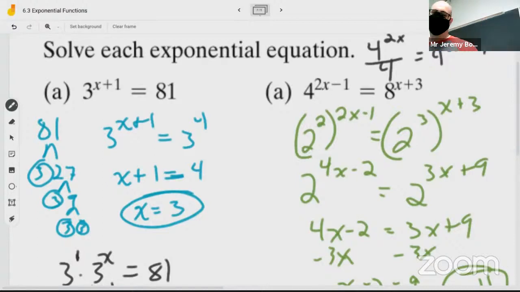The other side could be represented as 8 to the x times 8 to the third, because that would end up giving us 8 to the x plus 3. So that's just some different things you can see. Really, like I said, the examples that start with e, I wanted to introduce you to them before we get to those.